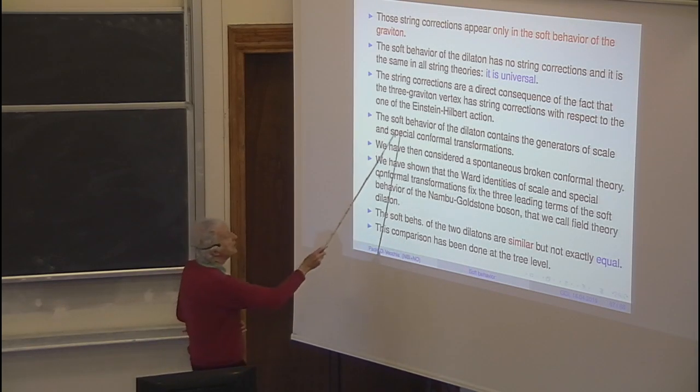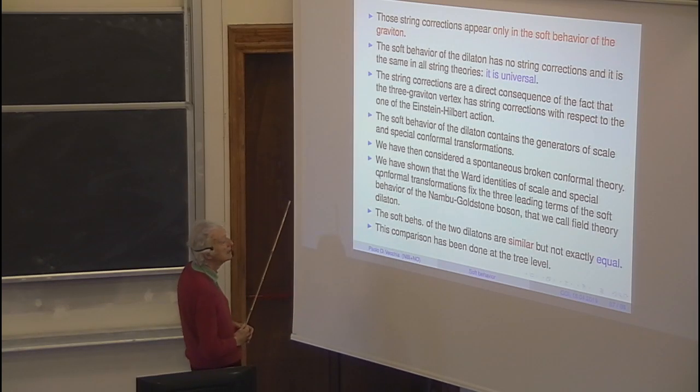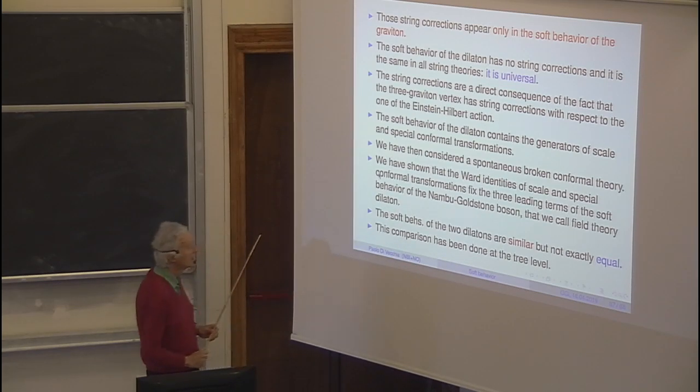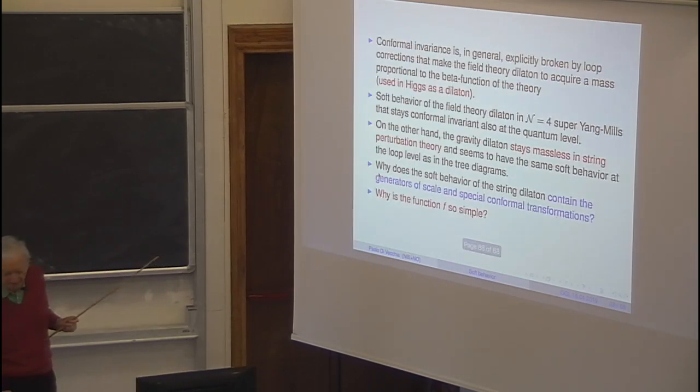Now, the soft behavior of the dilaton contains a generator of special conformal transformation, and they appear also for the field theory dilaton, the two soft limits are similar but not equal. And this comparison is true at the 3 level.